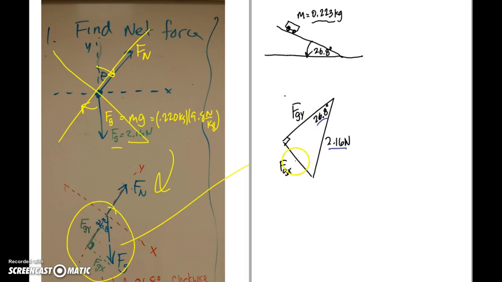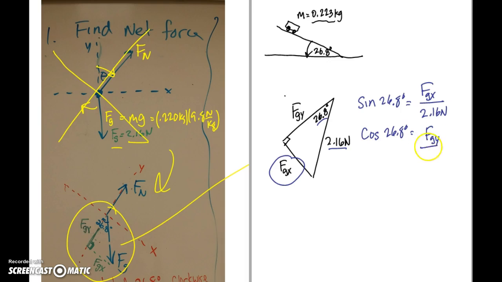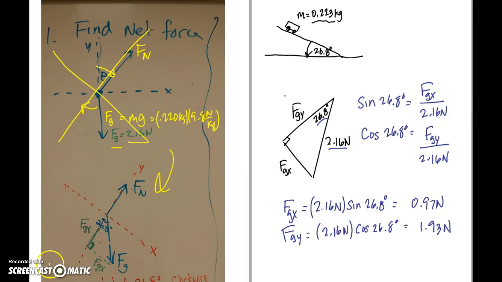I see this angle, and then the opposite side is that, so I know that the sine of 26.8 degrees equals the x component of the gravitational force divided by the hypotenuse, 2.16 newtons, and cosine of 26.8 degrees is going to equal the y component of the gravitational force divided by the hypotenuse in this case. And here are the calculations for the x and y components of the gravitational force. 0.97 newtons is the x component, 1.93 newtons is the y component.